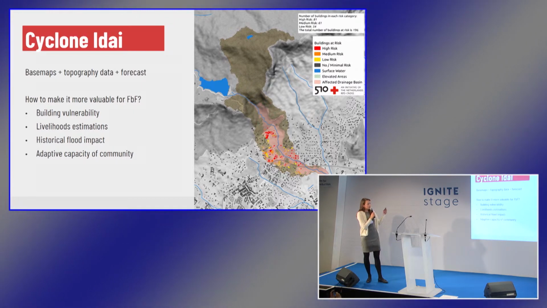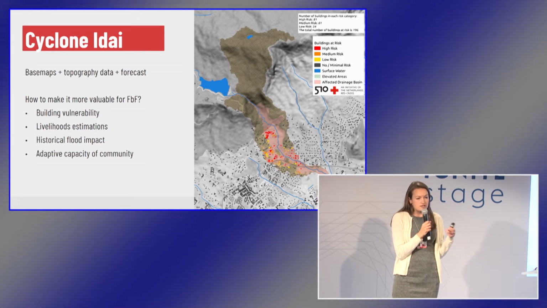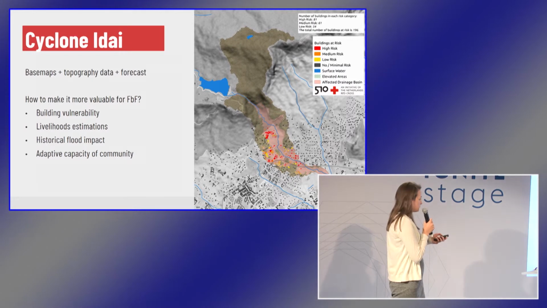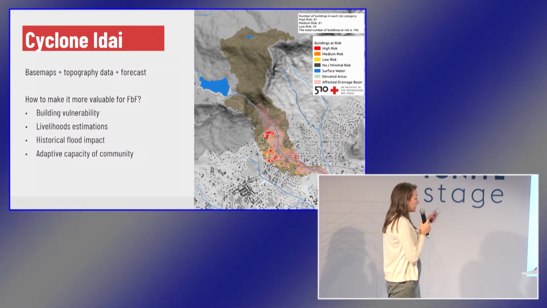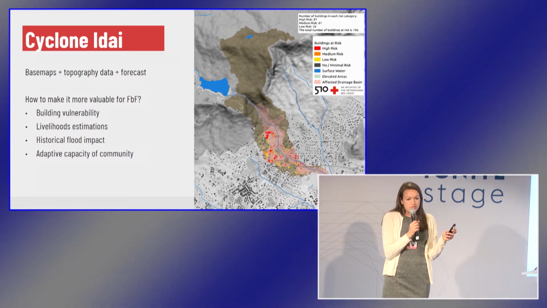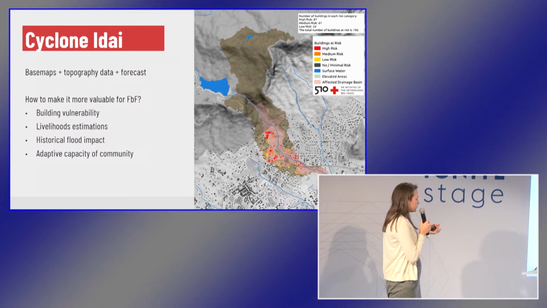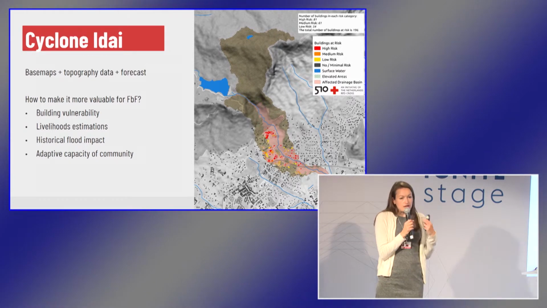And the real way I think that we take this to the next level is to integrate it much more broadly in forecast-based financing and other Red Cross initiatives, adding in really hyper-local information like building materials, quality of roofs, adding in estimations around livelihoods.